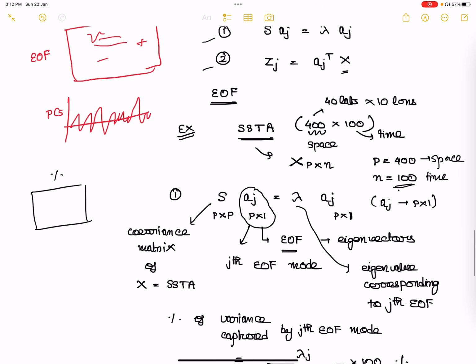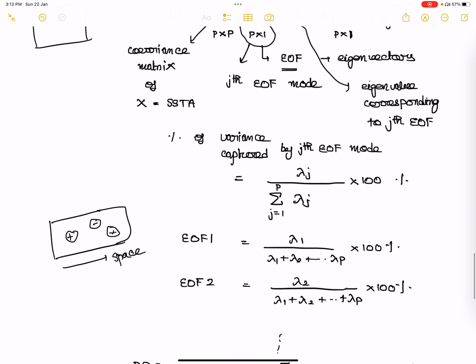Ultimately the lambdas change like this, and the percentage of variance decreases with the mode. So this is the percentage captured, and this is the number of EOF modes.